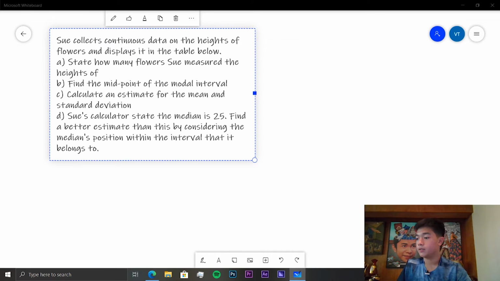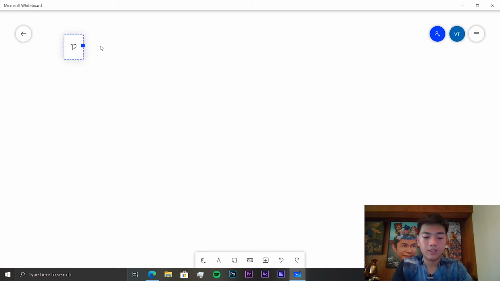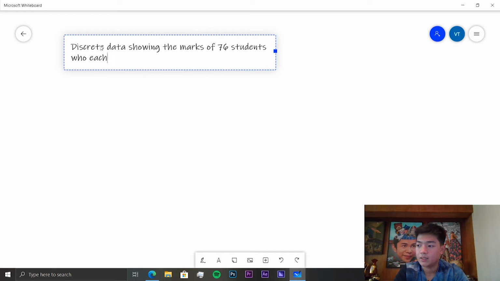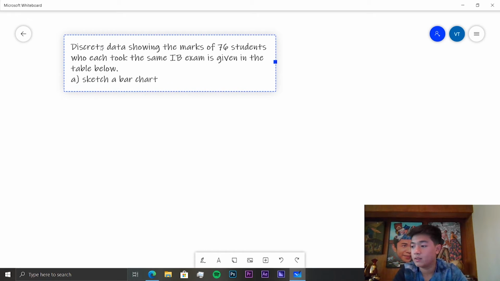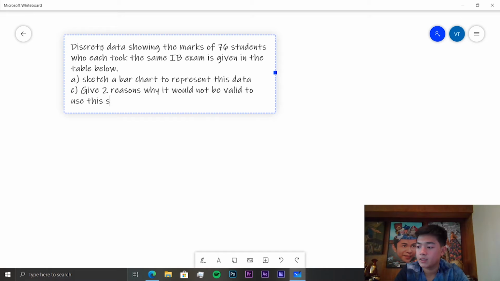Next question. We have discrete data showing the marks of 76 students who each took the same IB exam, given in the table below. Sketch a bar chart to represent this data and give 2 reasons why it would not be valid to use a scatter diagram.